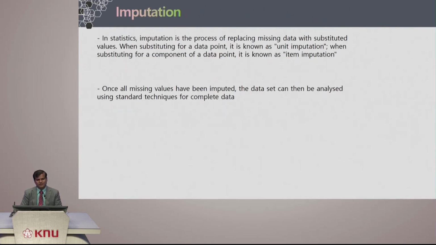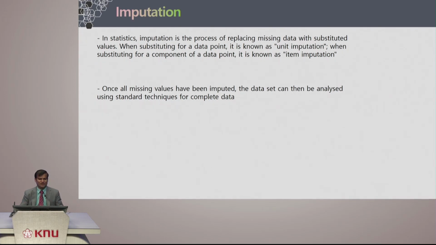Imputation. In statistics, imputation is the process of replacing missing data with substituted values. When substituting for a data point, it is known as unit imputation. When substituting for a component of a data point, it is known as item imputation.